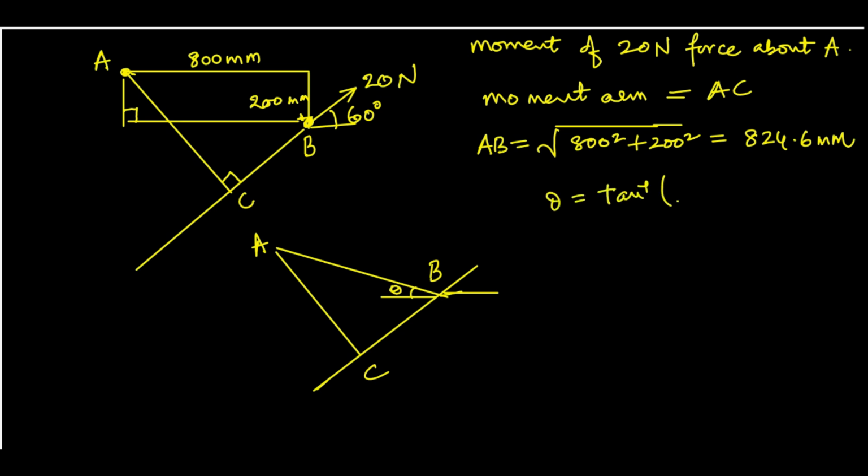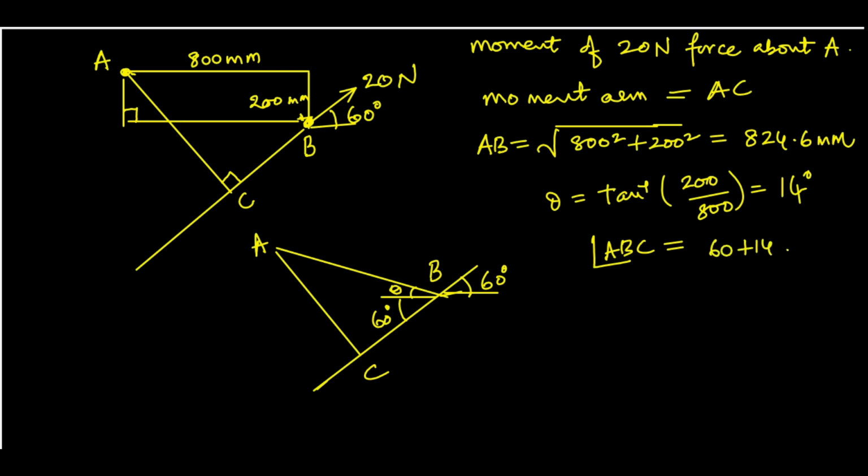Theta is tan inverse 200 by 800. This is 14 degrees. This angle here is 60 degrees. Okay. So this is also 60 degrees. So your angle ABC is 60 plus 14, 74 degrees.